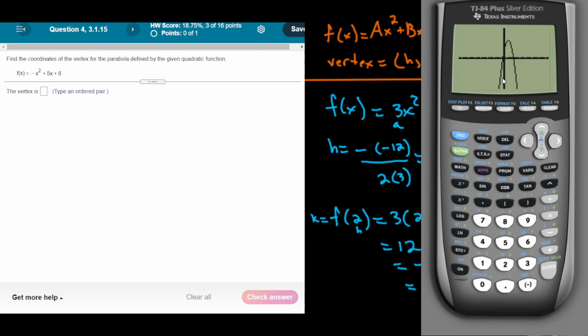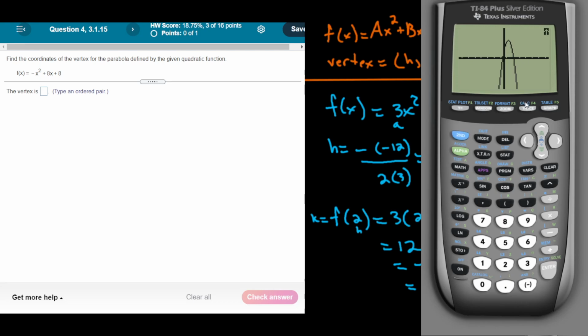You see how this calculator kind of makes a hill, as opposed to a U shape? A hill, you see that's a very tippy top right there? That is a maximum. Whenever you have a parabola that's upside down, that's a max. If you have a parabola that's right side up, which is a U, which they call a valley, like a creek or something, that is a minimum. So we want to find what the maximum is.